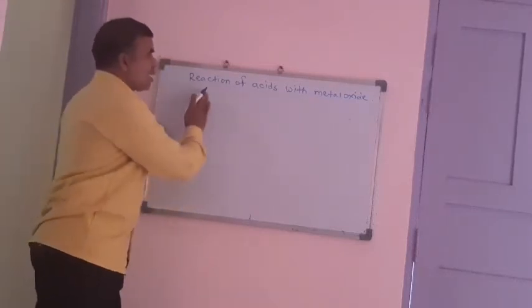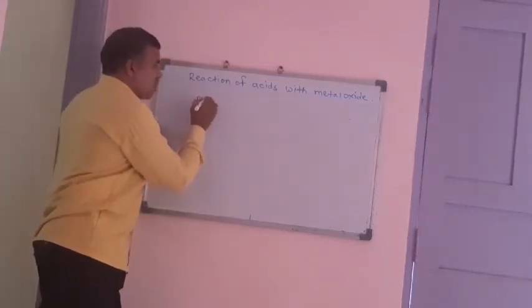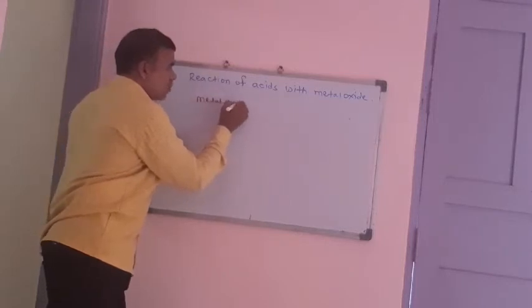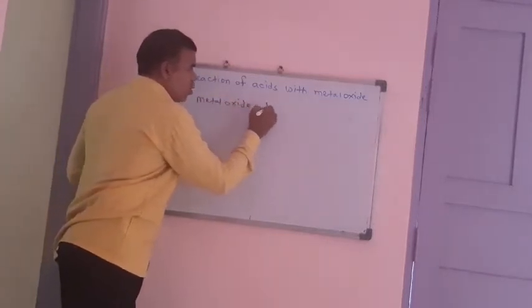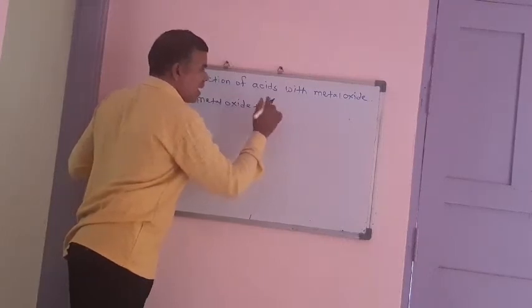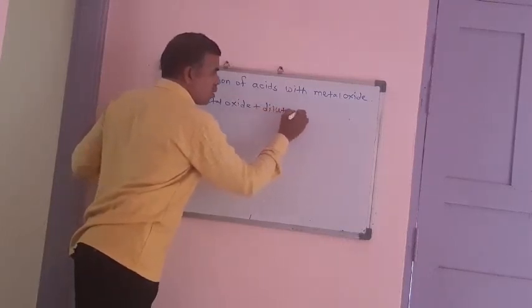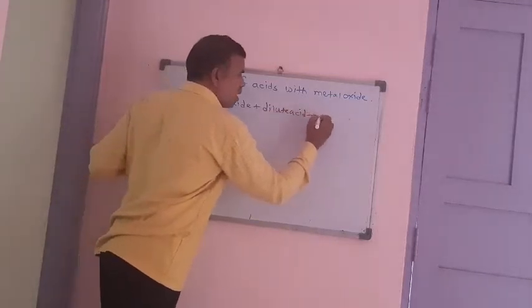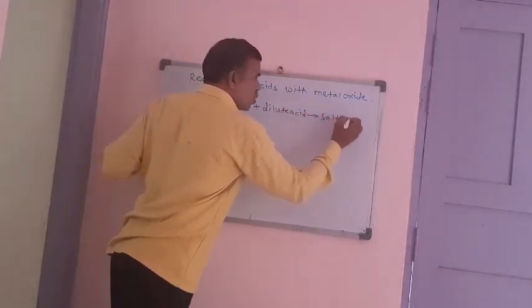Any metal oxide reacted with dilute acid. Metal oxide reacted with dilute acid forms salt and water.